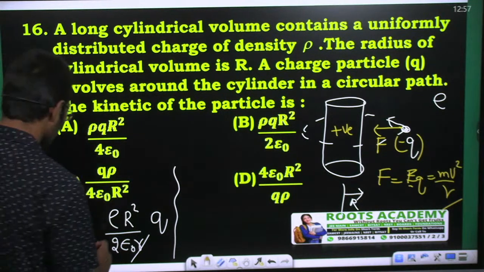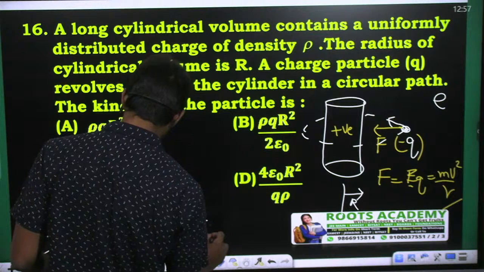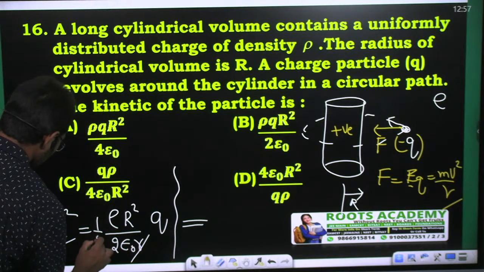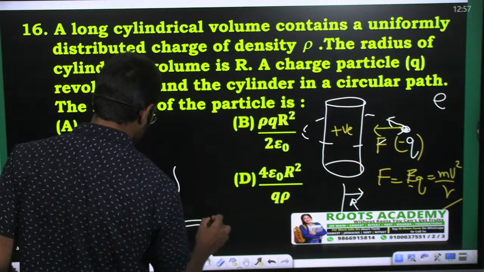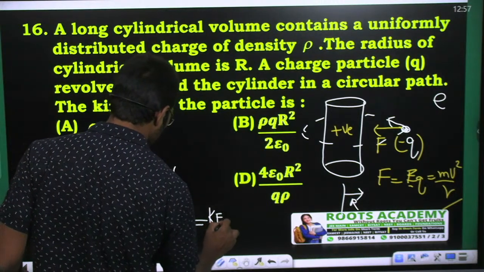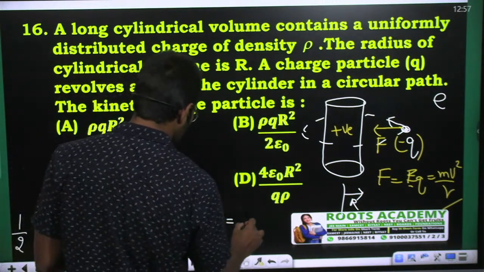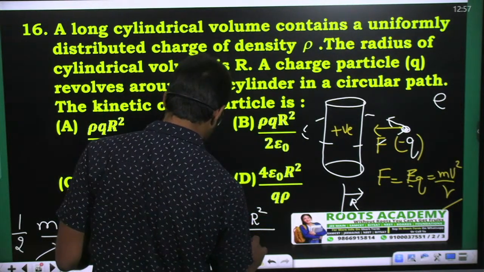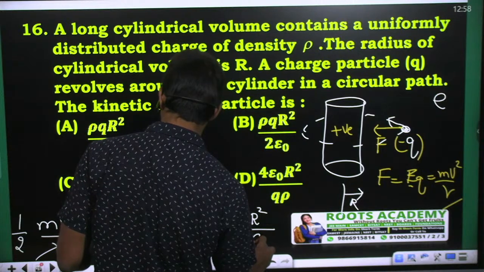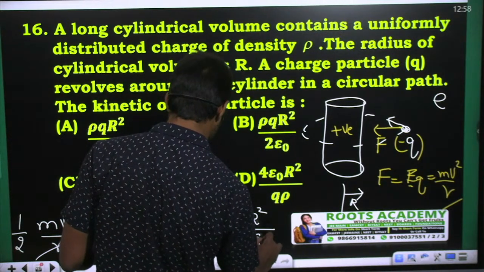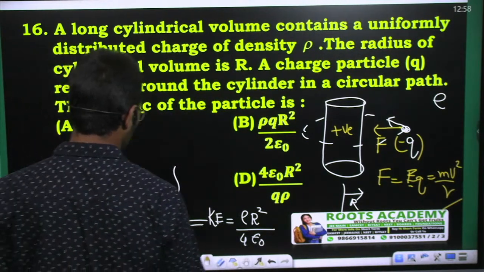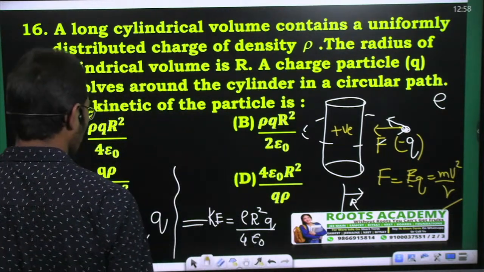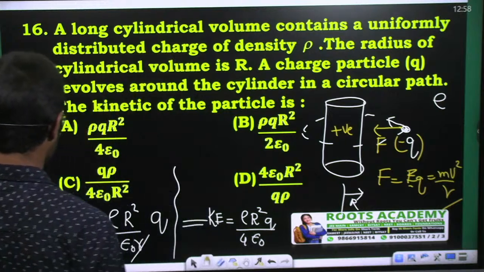So half mv square is equal to, multiply both sides by half, so that we get kinetic energy Ke is equal to rho Q r square by 4 epsilon naught. See, where do we have this rho Q r square by 4 epsilon naught?